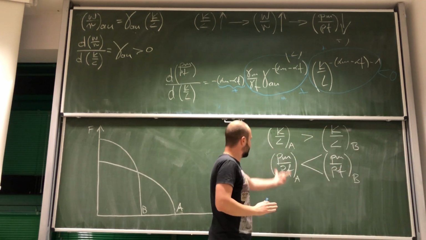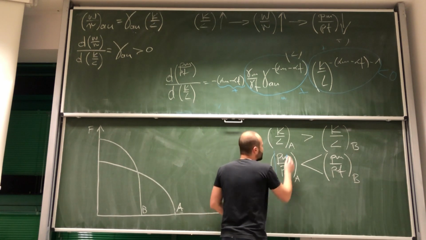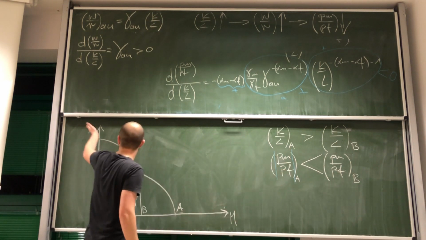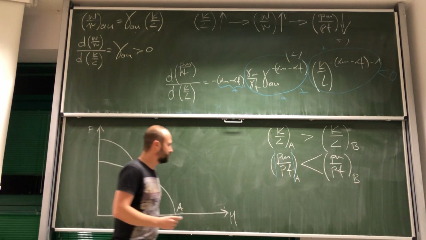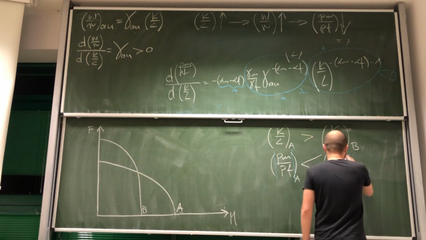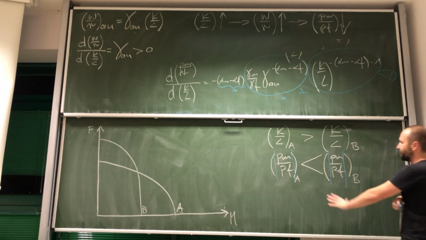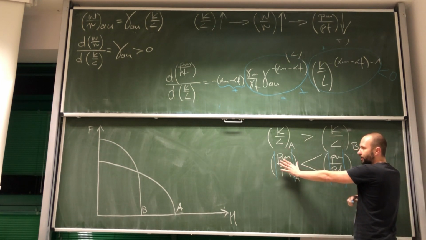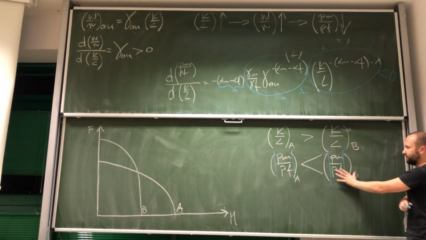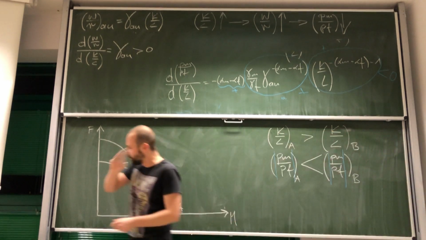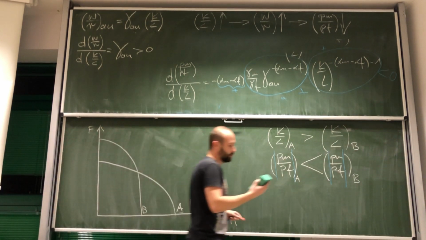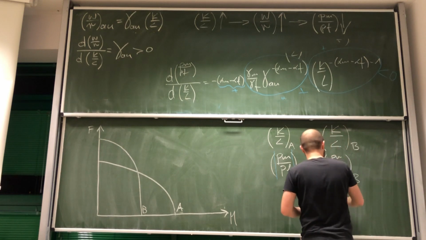That this number, remember, we should say in absolute value because it's going to be negatively sloped. So this absolute value should be lower than this absolute value. Maybe I'm going to do it with different colors so you can see it better.